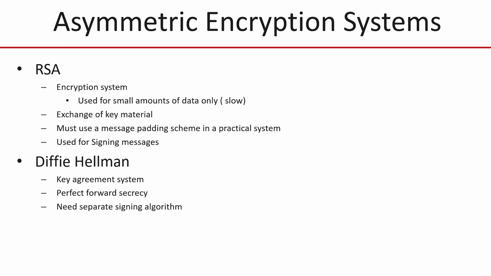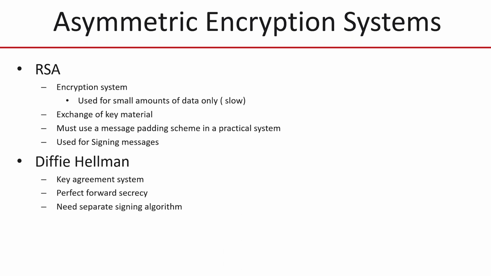Diffie-Hellman is used, but probably RSA is about 90 to 95% of the systems in practice. So Diffie-Hellman is, I'd say, much smaller, far less used in practical systems. But as I say, it's not an encryption system, it's a key agreement.